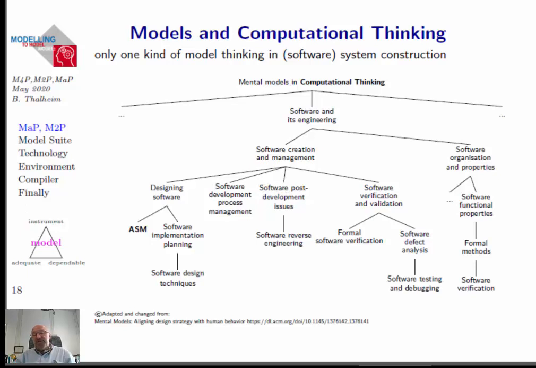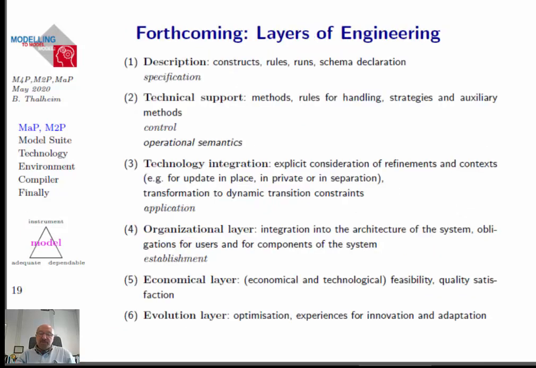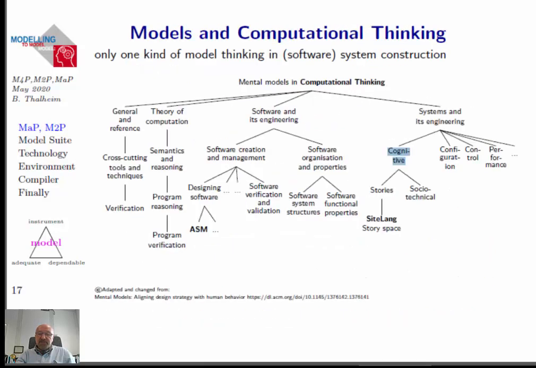And of course, we also need something on verification and validation. In this case, we have a software organization with an organization of functional properties that could be based on formal methods and maybe allows us a verification of the software. And the third branch would be the systems and its engineering.